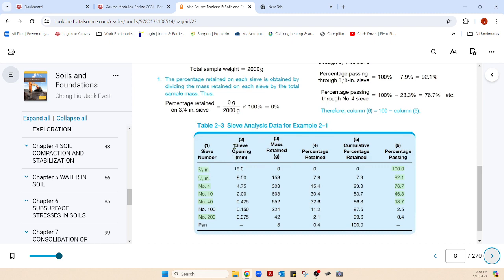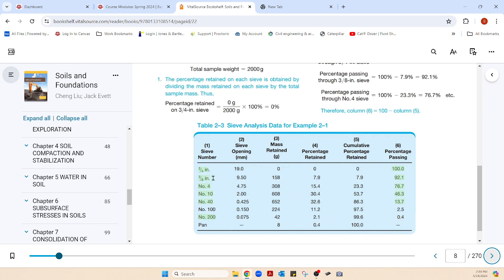These are the sieves we're going through: the 3/4 inch, the 3/8, and the number 4, all the way through the number 10, and then the pan will have 100% retained in it. The rest will be passed almost, except for this little character right here. This is what tells me we probably have a coarse grain soil already.